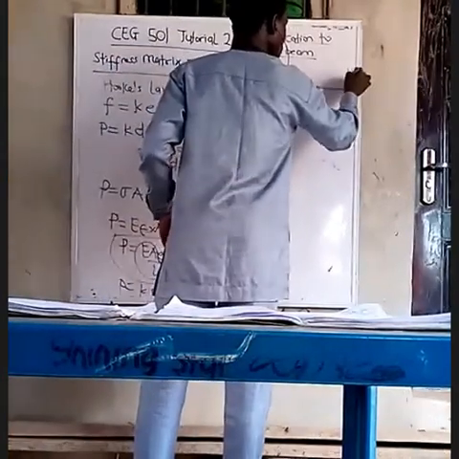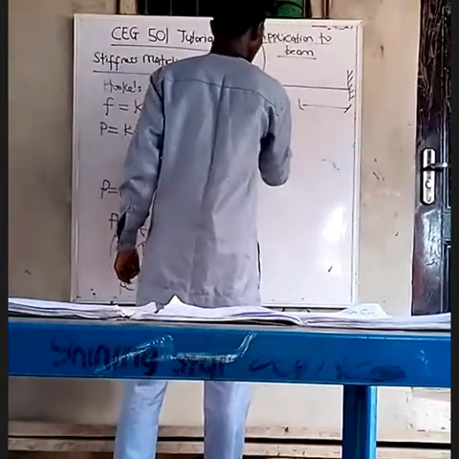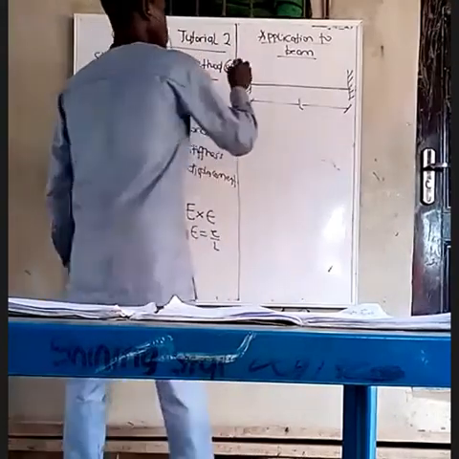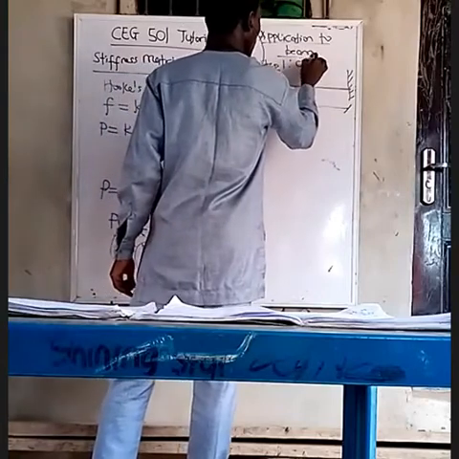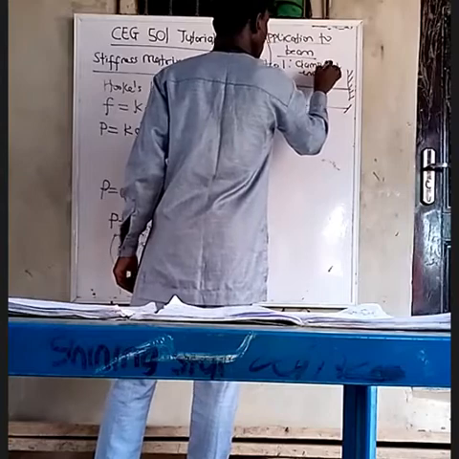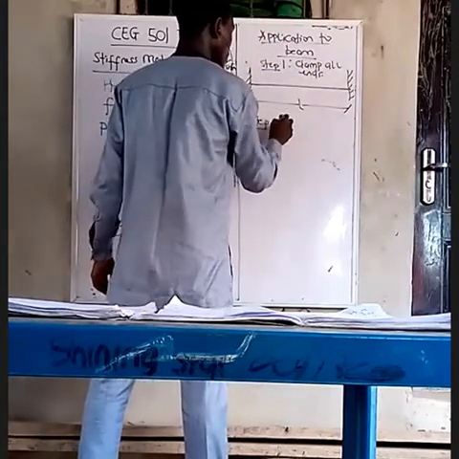That is, you fix all the ends. So we have this point like this, and this one like this, with length L. Step one is to clamp all ends.